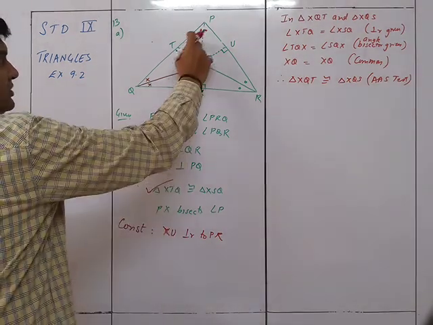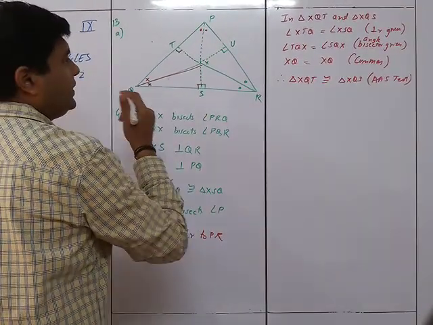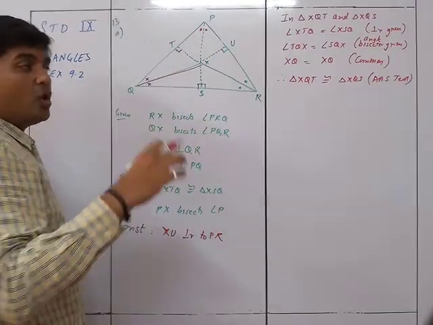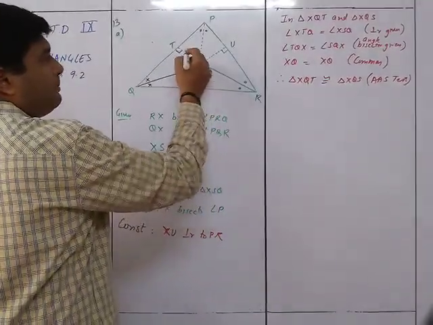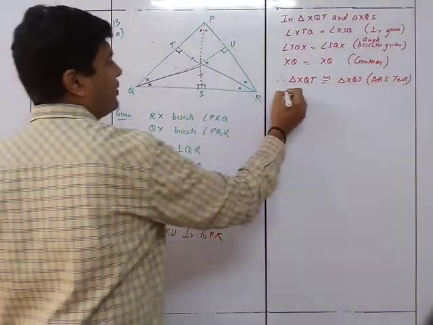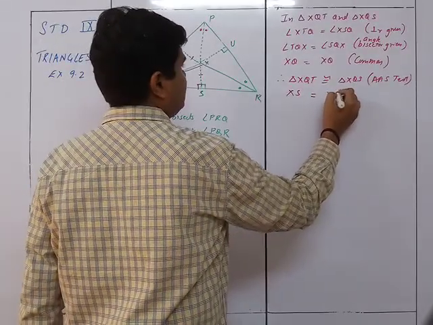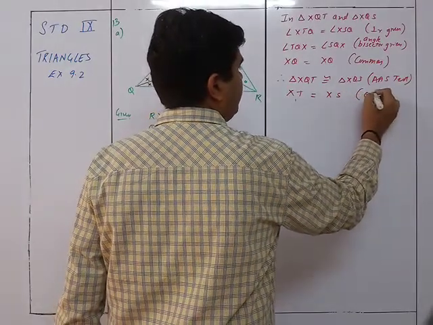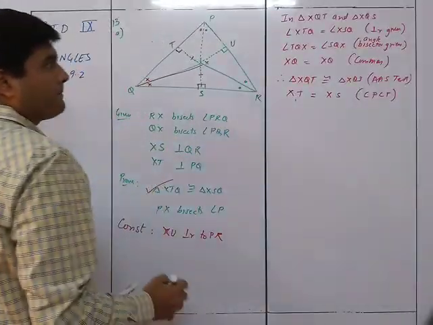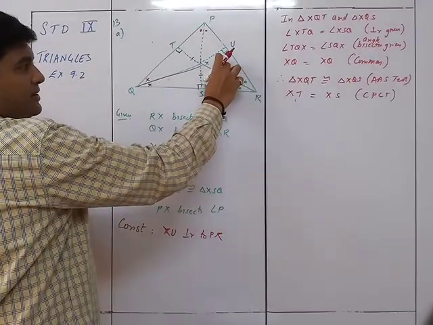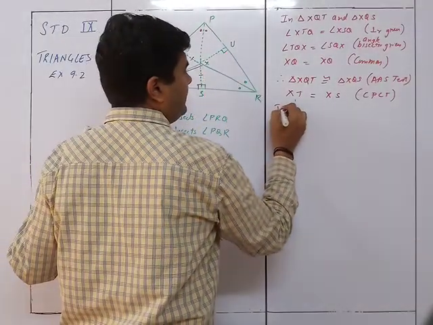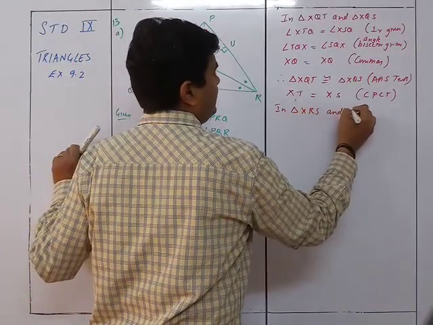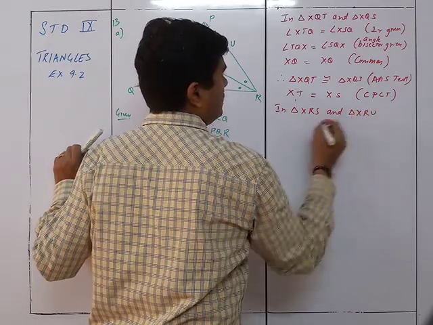Now we need to prove that PX bisects angle P. For this, I will need to prove other triangles congruent and then this, so it will be a long way out. First, by this I will prove that XS is equal to XT, by CPCT. Now we take triangle XRS and triangle XRU.